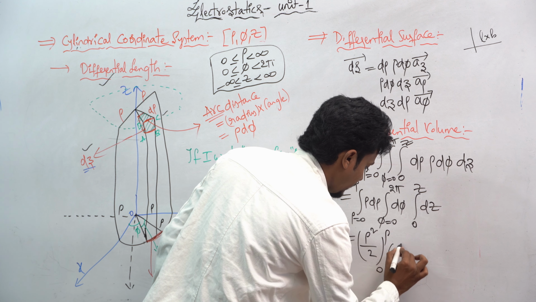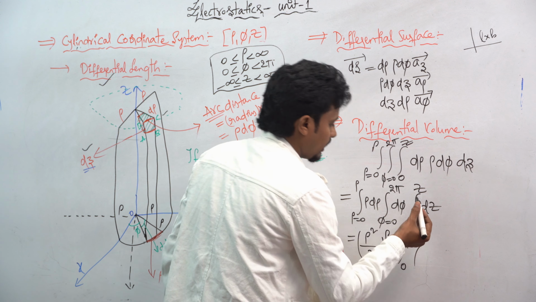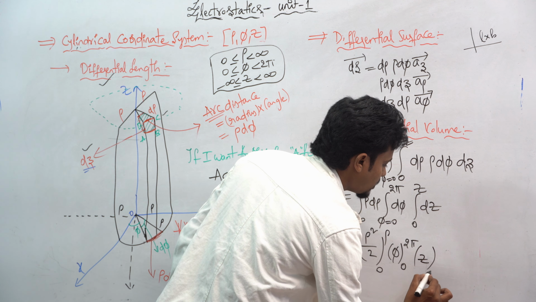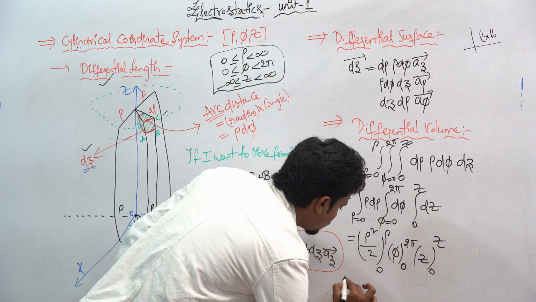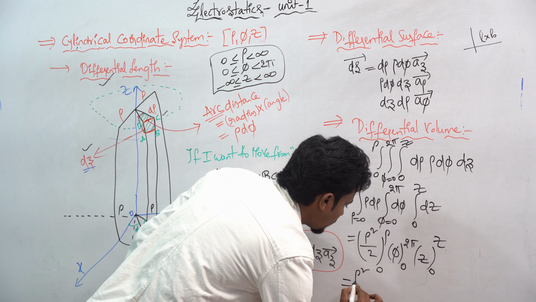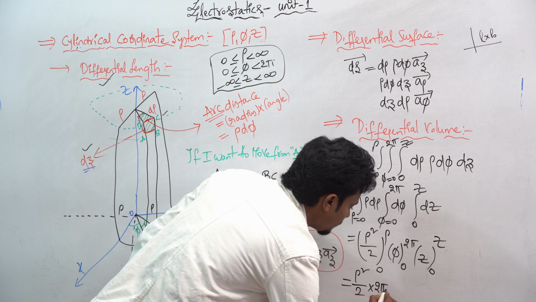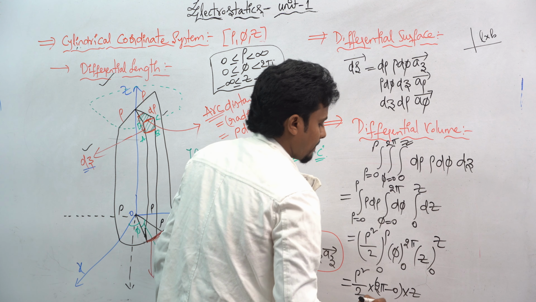This will become phi from 0 to 2 pi, and z ranging from 0 to z. So this will become rho square by 2 into (2 pi minus 0) into (z minus 0).